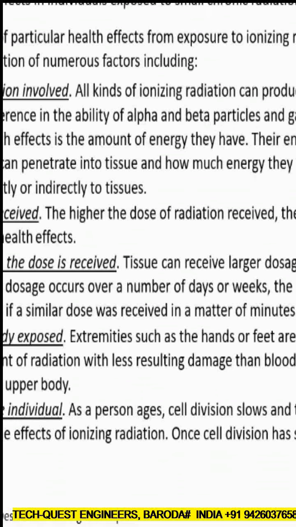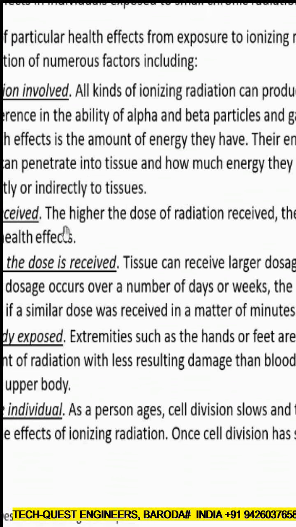But gamma and X-rays are weightless, they are very high energy sources, and they also have high frequency and low wavelength. Therefore they can penetrate into and also transmit the energy to tissues, and this causes ionization of the cells of the body at a very low level, that means at the atomic level. Okay.